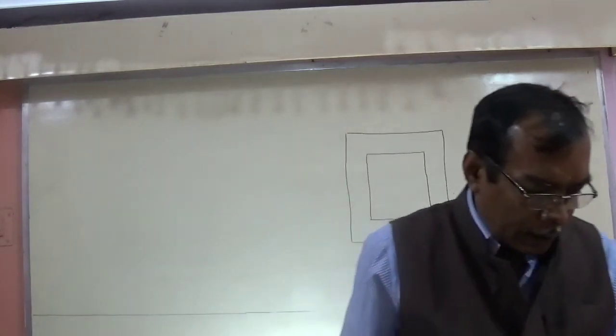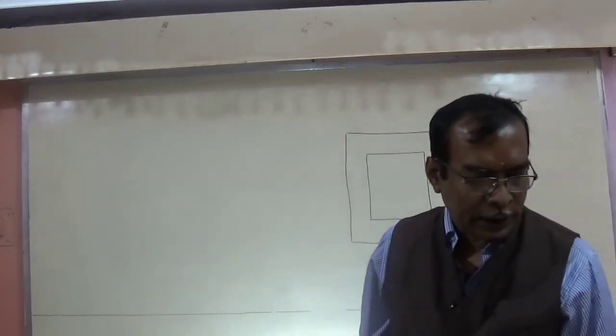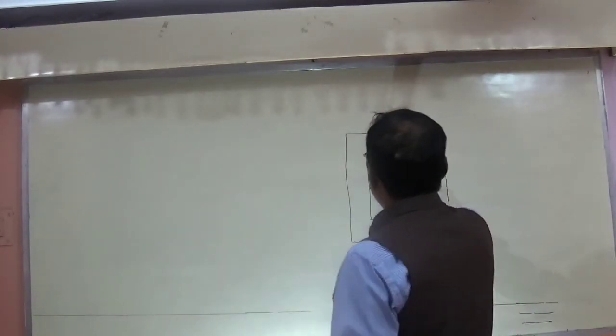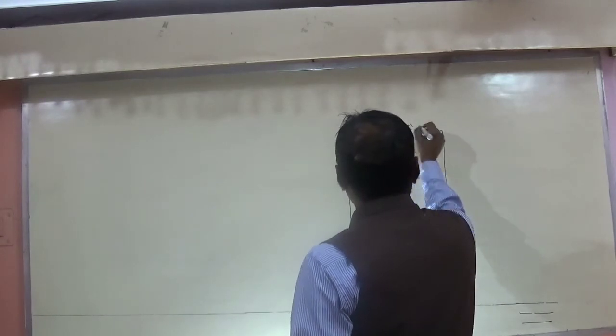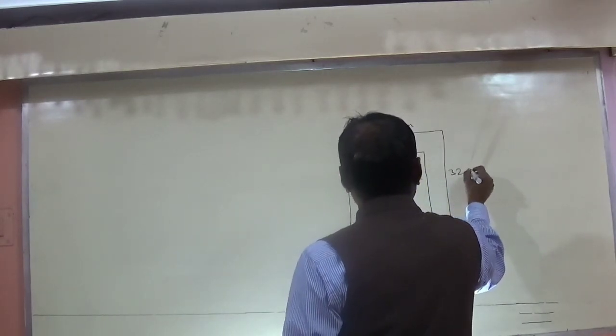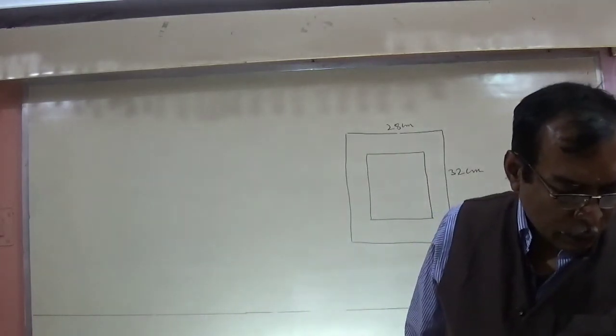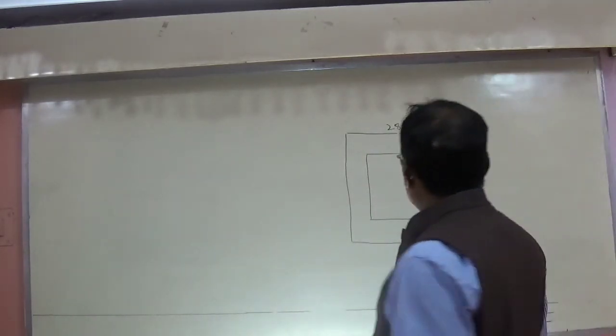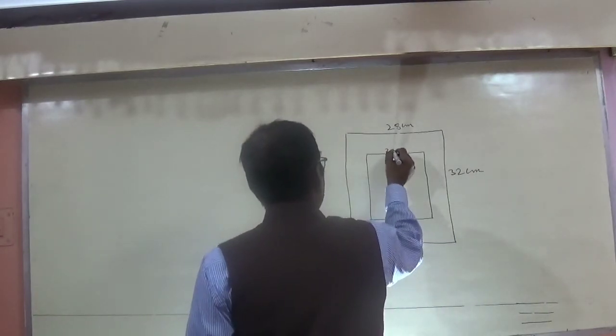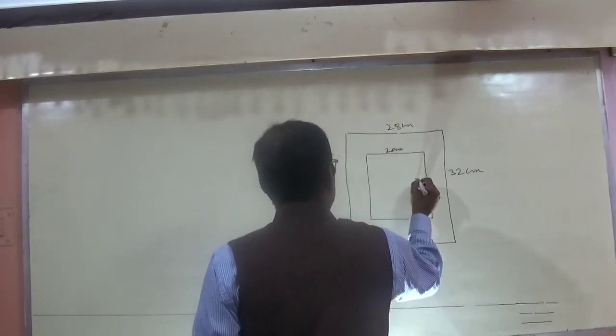The outer lengths are 28 and 32. This is 28 centimeter and this is 32 centimeter. And the inner dimension is given as 20 centimeter by 24 centimeter. This is 20 centimeter and this is 24 centimeter.